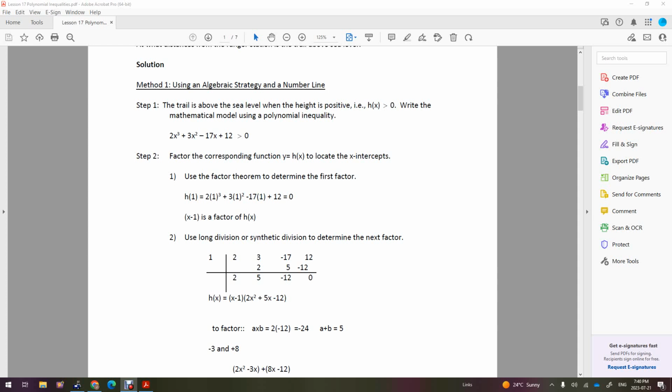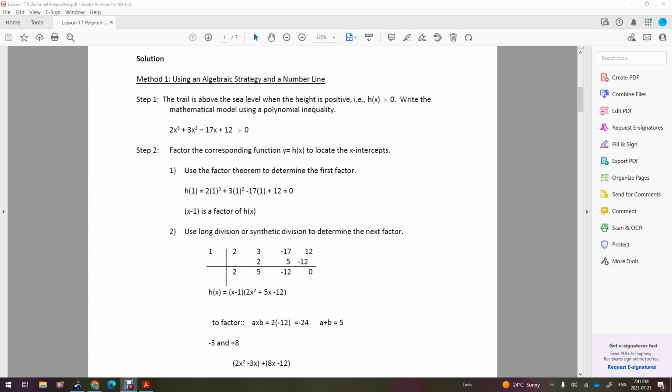So we carry the 2 down. Then we take the 5 up, and it becomes negative 17 plus 5 gives us negative 12. We carry up negative 12. 12 plus negative 12 is 0. So that means that x minus 1 is a factor. And the result is 2x squared plus 5x minus 12.